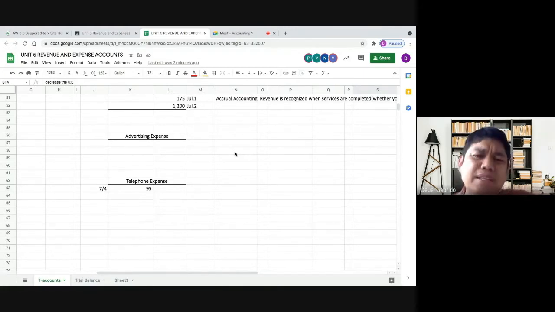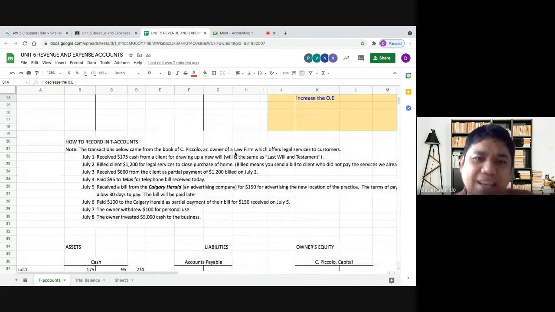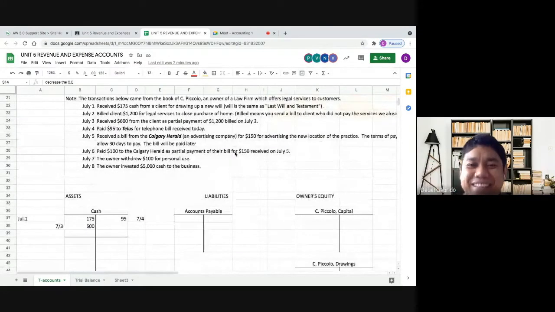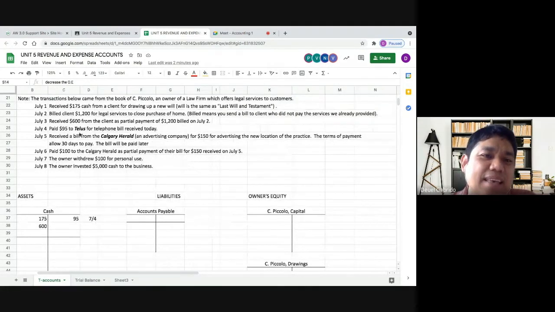But when it comes to drawings, I think there is an example there. Just hang on, let's see the difference between expenses and drawings. I think it's question number 7. Let's go there later in the drawing.